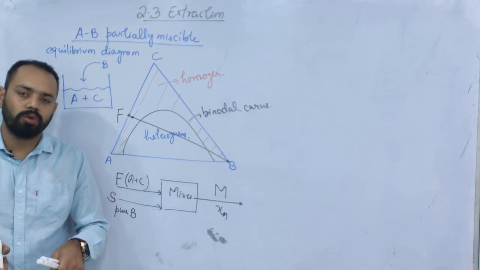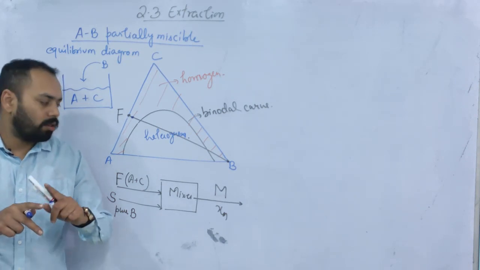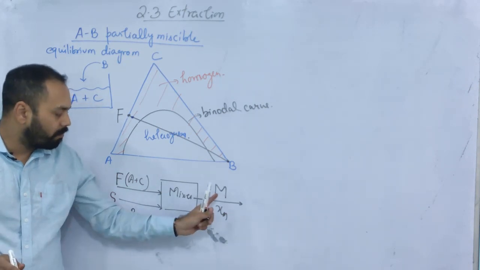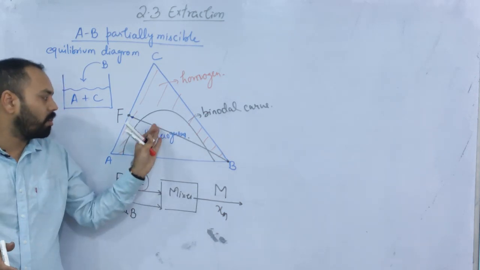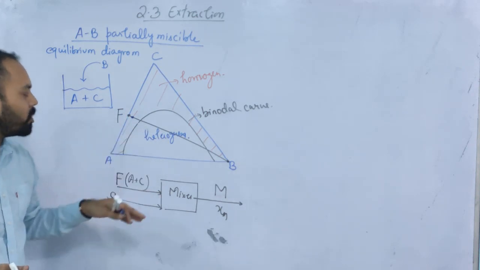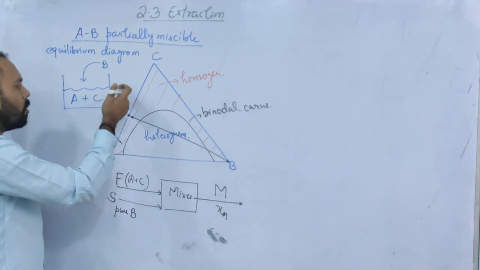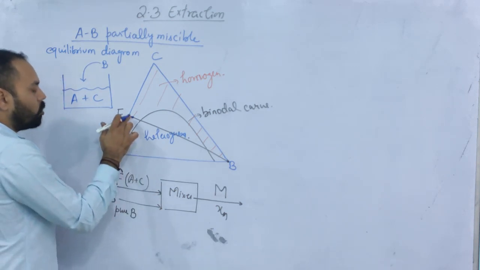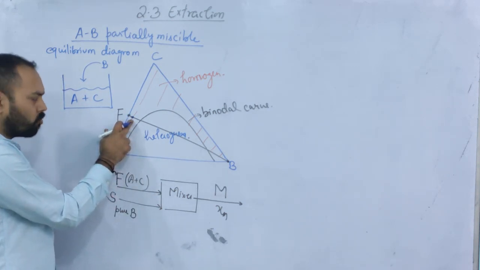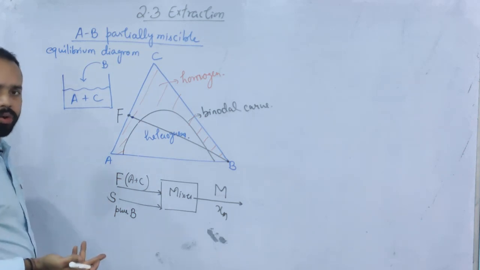And when the mixture is going to separate into these two phases, the separation will take place if the mixture lies in the heterogeneous region. That is the meaning why I am calling this region heterogeneous. Now suppose you are adding some amount of B and then you did the material balance calculation, your composition lies somewhere here. So it is homogeneous region, extraction is not going to occur.